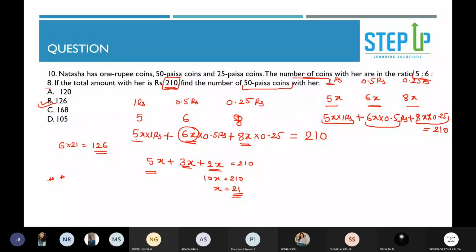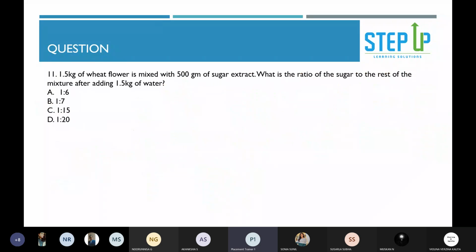Okay, so let's move to the next one. All right, try this one.